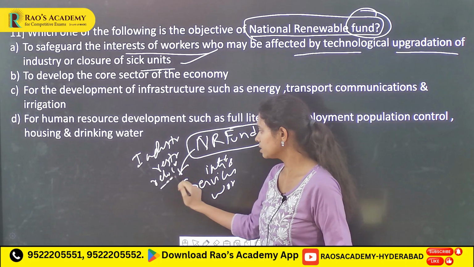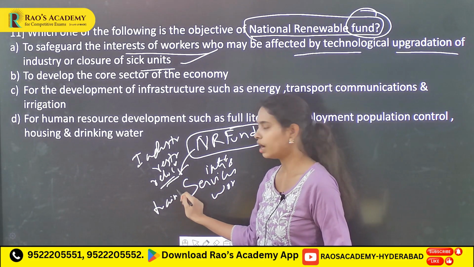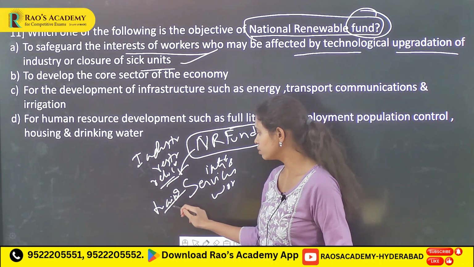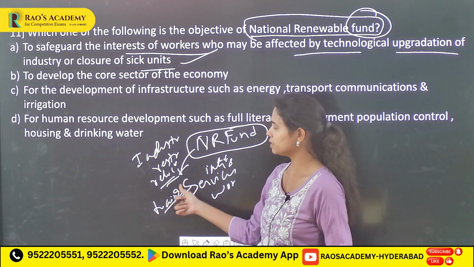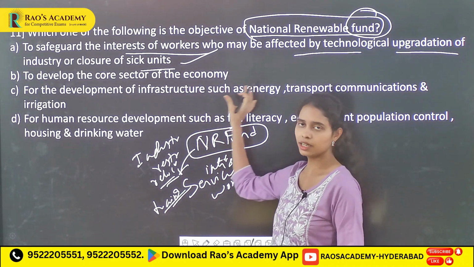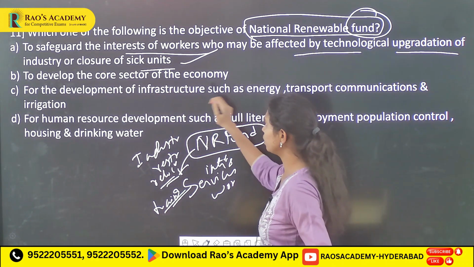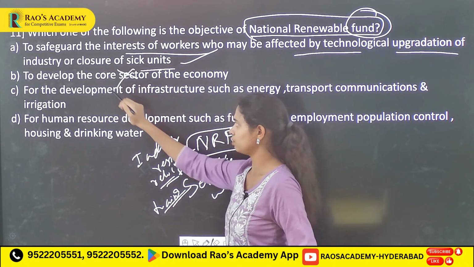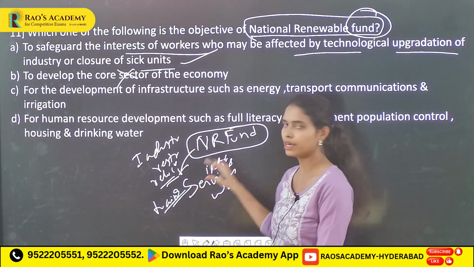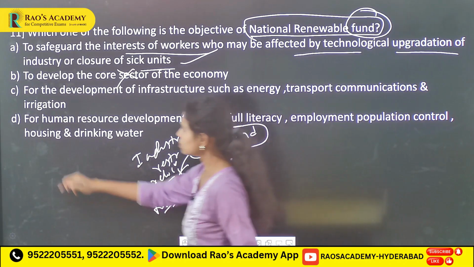The services mainly involve providing training with regard to updated technologies and providing different services in order to sustain in that particular area. Then followed by, to develop the core sector of the economy. It is not talking about the core sectors of the economy, it is greatly talking about providing welfare services to workers. So here option A is the correct one.